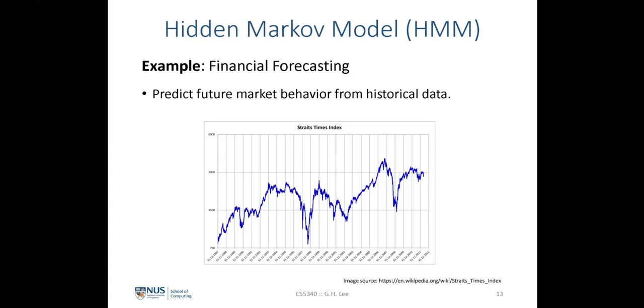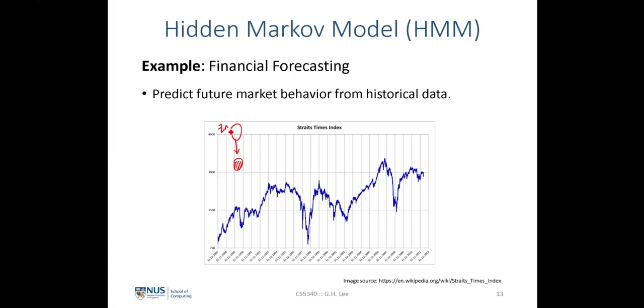The last example that we are going to look at is financial forecasting, where we can also model the prediction of future market behavior from historical data. Here, we can treat all the observations of all the factors as giving rise to the latent random variable, which is the output of the Straits Times index, for example.